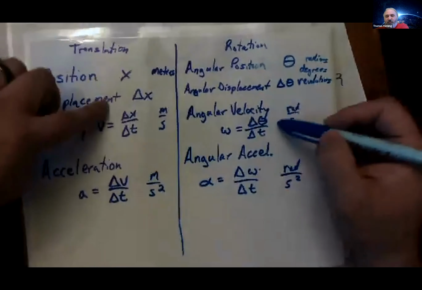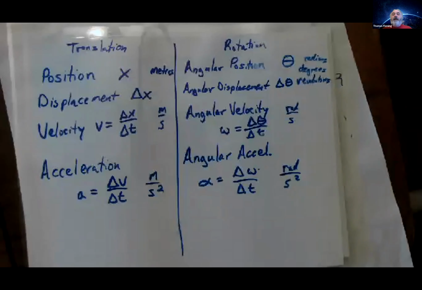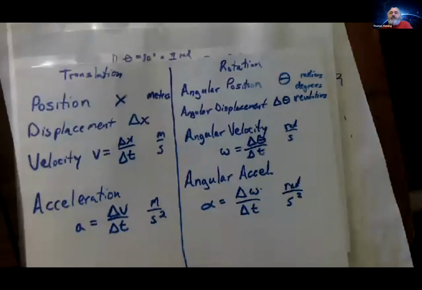Because these definitions mirror each other so well, several other relationships between these variables are also going to mirror one another just as easily. So think back to chapter 2. We had those 4 equations of motion. And each of those 4 equations of motion is still going to work today.